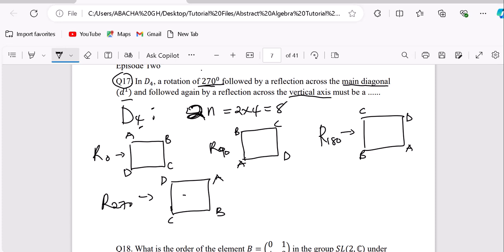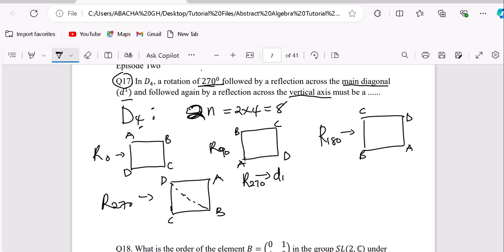So this is our R270. We are reflecting it across the main diagonal. This is the main diagonal. Okay, so we are reflecting it. So R270 going on to D1, which is we are reflecting on the main diagonal.